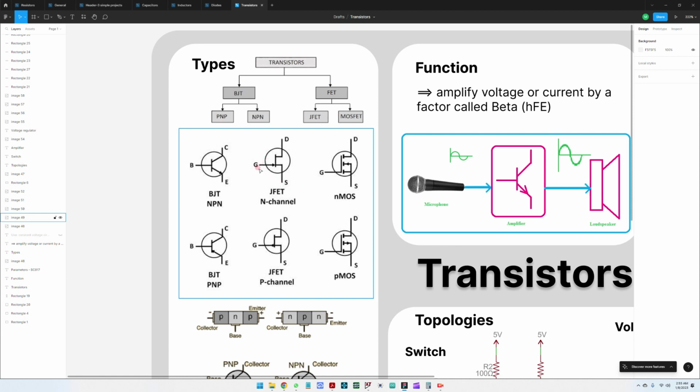So this means that from the gate to the source, they can measure very high impedance here, because they would always measure the voltage level here between the gate and the source.